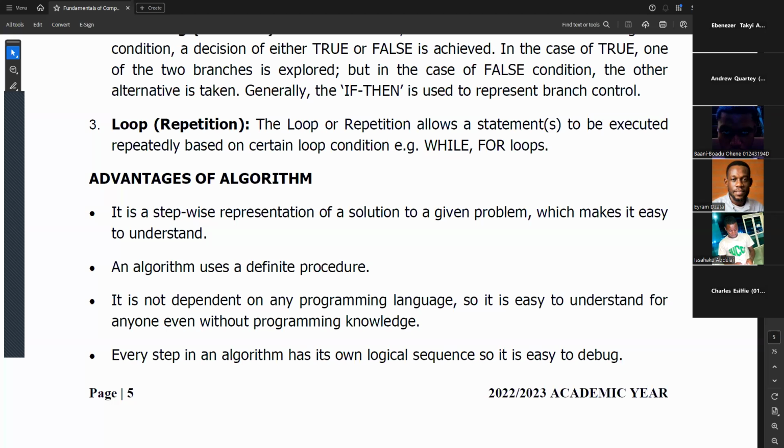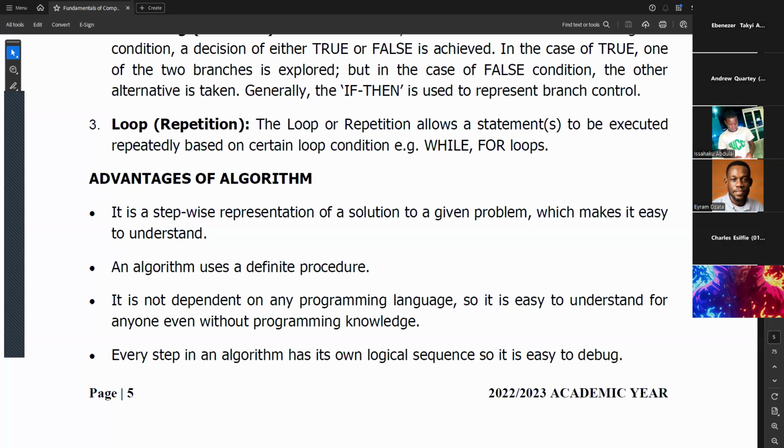So yes, it's not necessarily the fact that you need paper and pen. You can start with paper and pen. However, there are what we call notepads where you can write your algorithms.